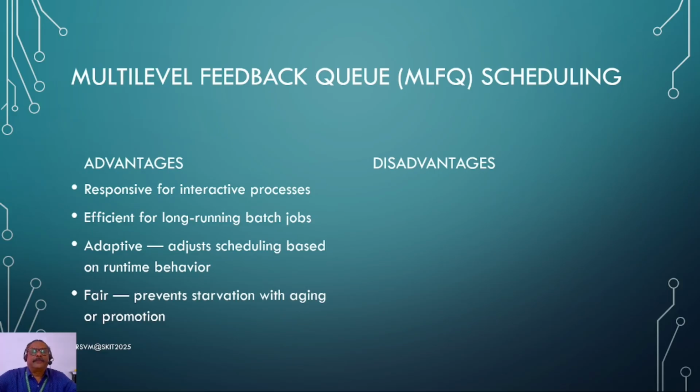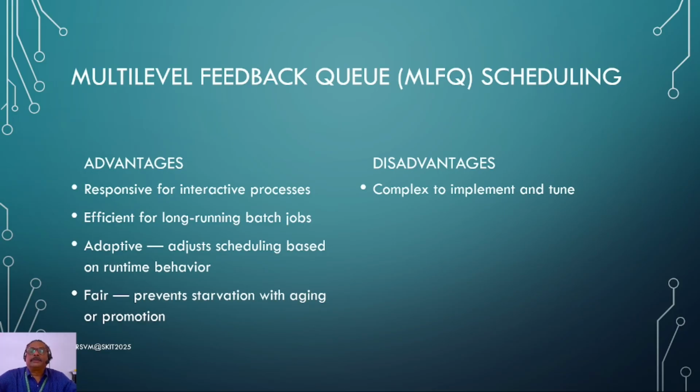And it is fair enough, because it prevents starvation with aging or promotion. Aging means moving it down, promotion means moving it up. Nothing comes free, so it is too complex to implement and tune. That is a big problem.